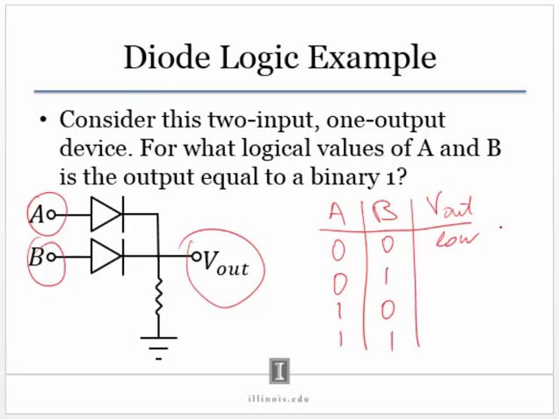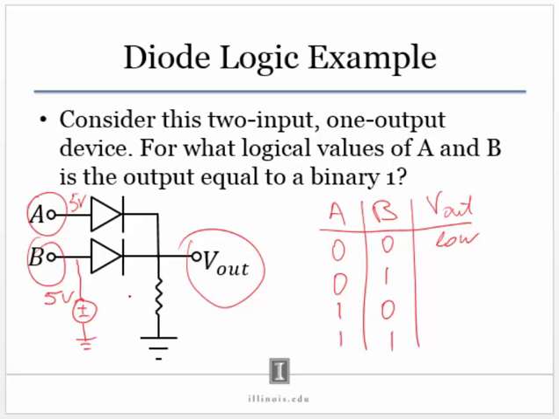Okay, but if we turn on one of these, say by applying 5 volts to B, what that means is really we're connecting it to the supply, but we can just write an equivalent thing by saying it's 5 volts right at the node. We're just labeling the node, but that's equivalent notation.